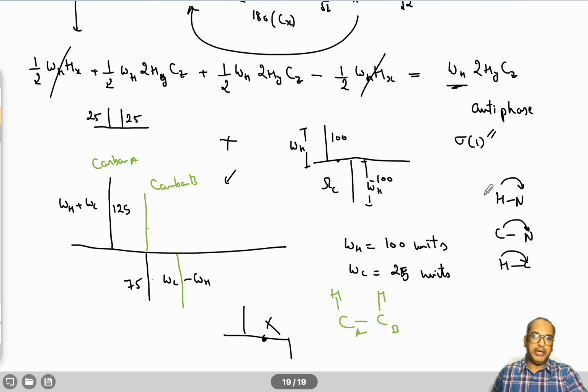So any sensitive nuclei can transfer its polarization to insensitive nuclei, and we can gain in signal to noise ratio, right? Okay, so now let us look at this disadvantage. Is there a way to convert this line into a positive line so that we get a better sensitivity and no cancellation of signals? Okay, so let us see that.